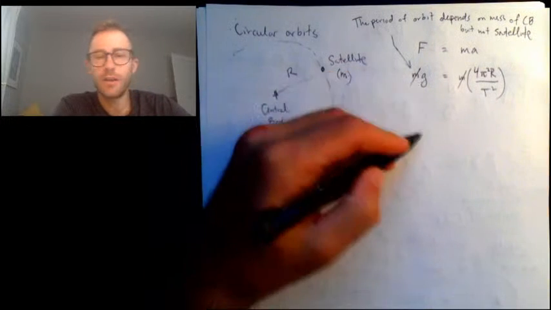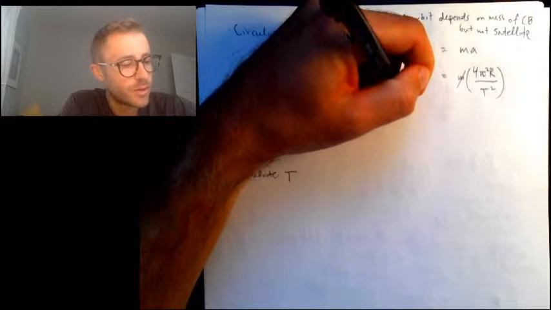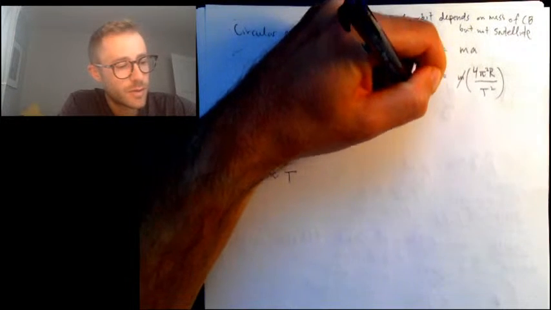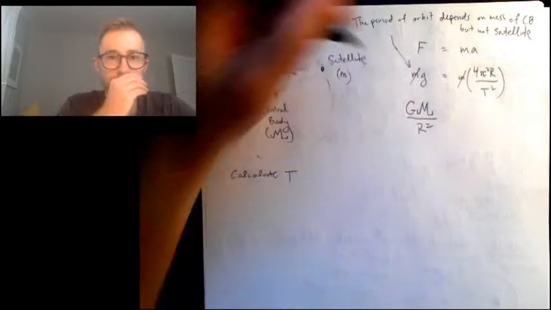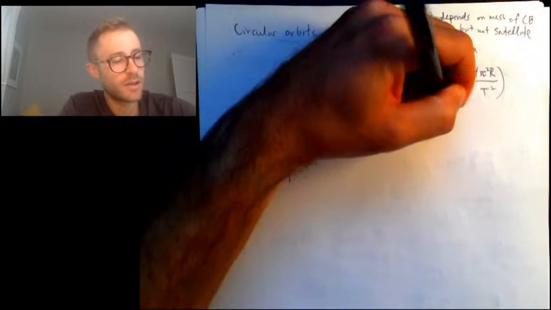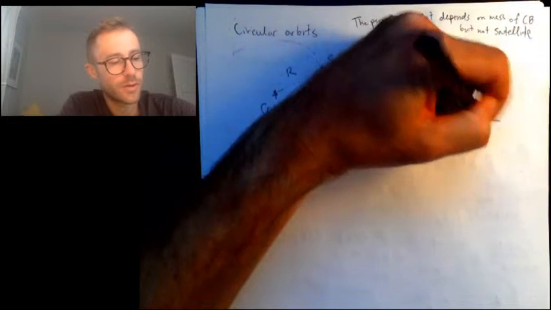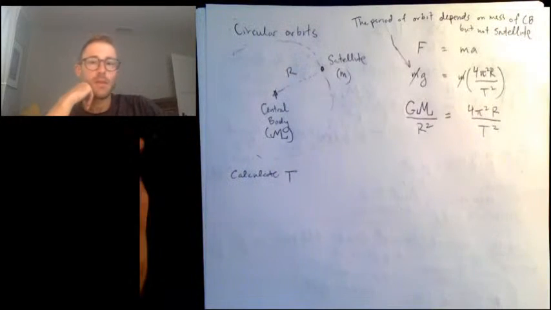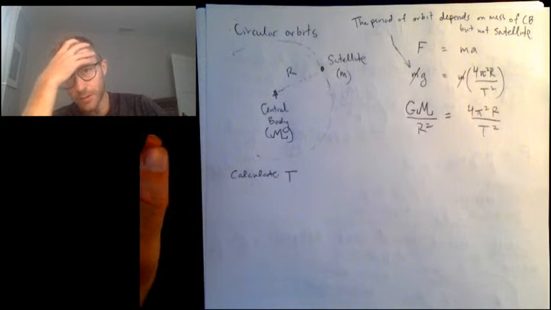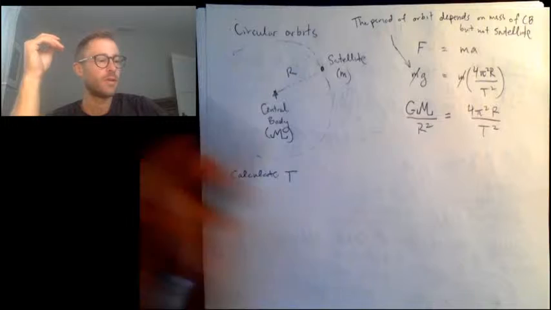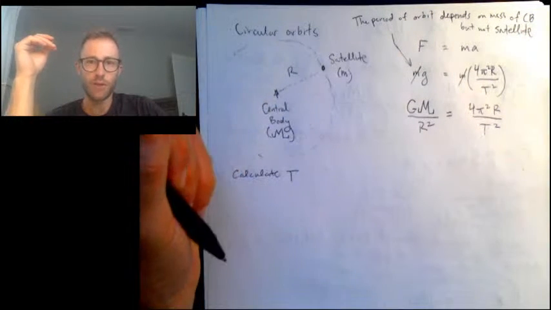Now, on the next line, I'm going to plug in the formula for the gravitational field, which is big G times big M over r squared. On the right-hand side, we have 4 pi squared r over the period squared. One of the things you will notice here is that little m is canceled out, so it's gone. Then what I can do is cross multiply.